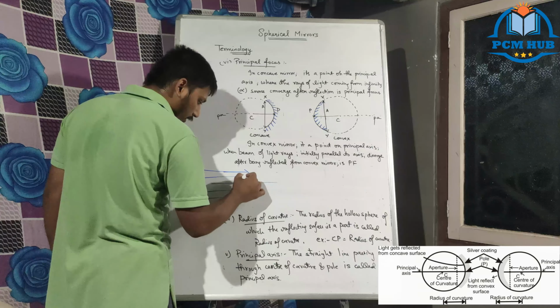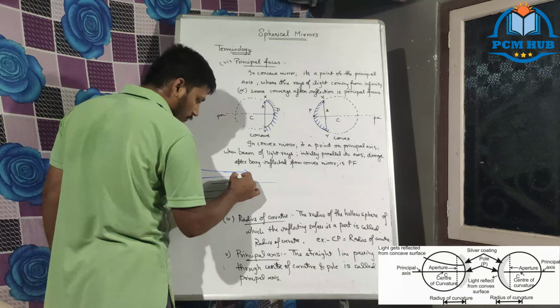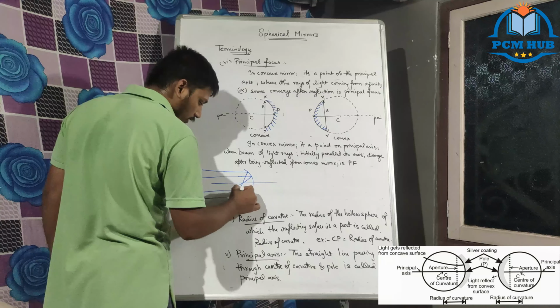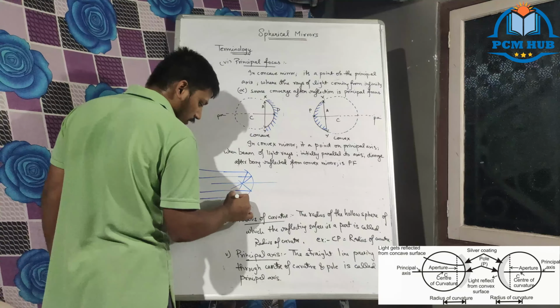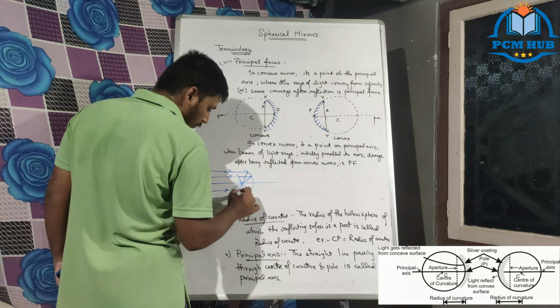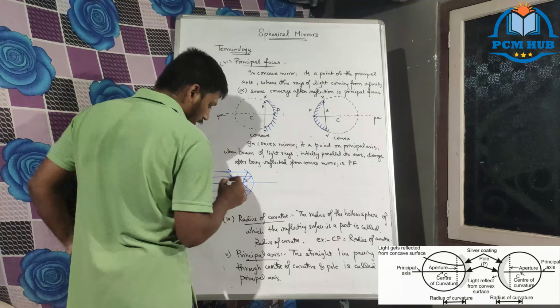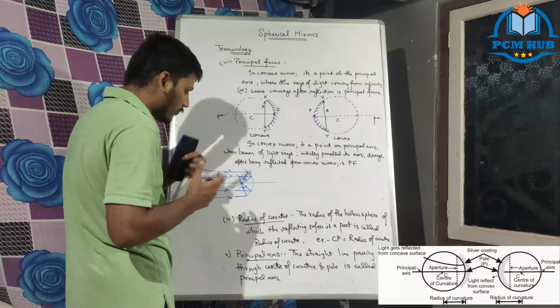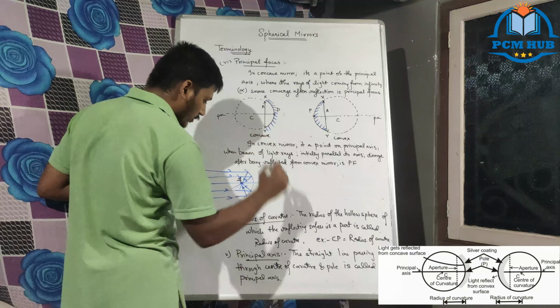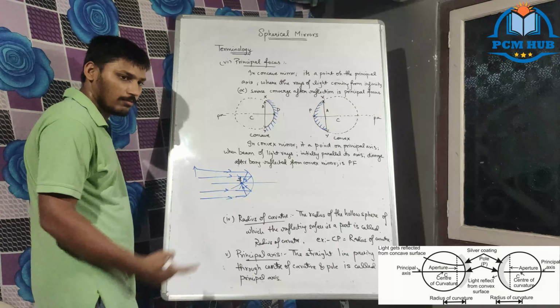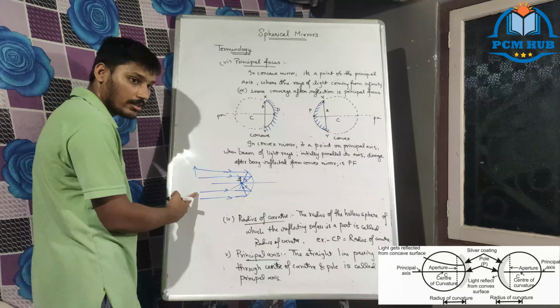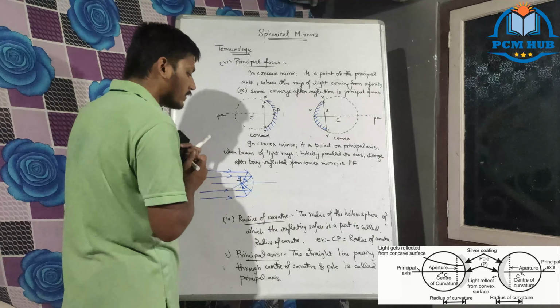When they hit here, one will come like this, another like this. So everything coming from infinity is converging here. So this point is the focus point or principal focus for concave.